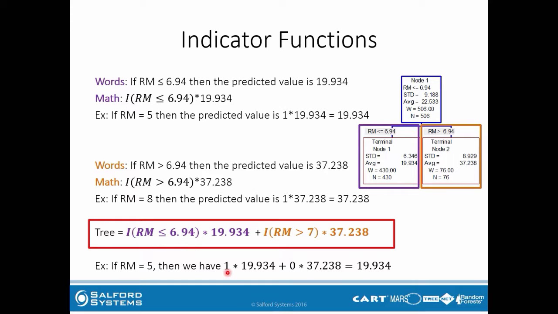Of course it is. So that's 1 multiplied by 19.934 plus, now plug in this 5 again over here. So is 5 greater than 6.94? No. So that's false, so that means this whole function takes a value of 0, which we see here, multiplied by the predicted value, of course, just gives you 19.934, which is exactly what you would do if you're just following the tree informally.